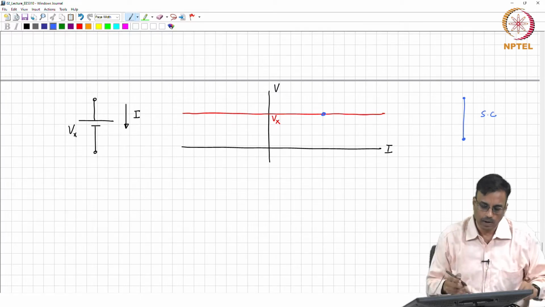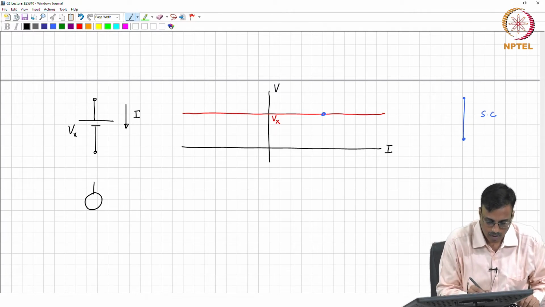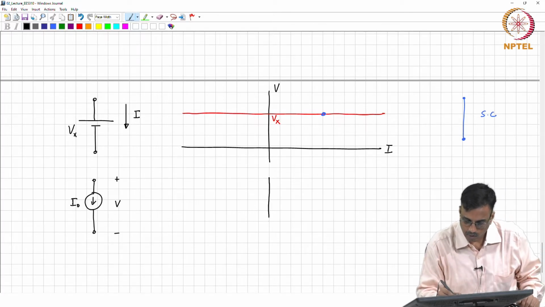Okay. All right. Next thing I am going to draw is basically a current source. Let us say this is the voltage across the current source. So, when I draw the IV characteristic, how will this look like?